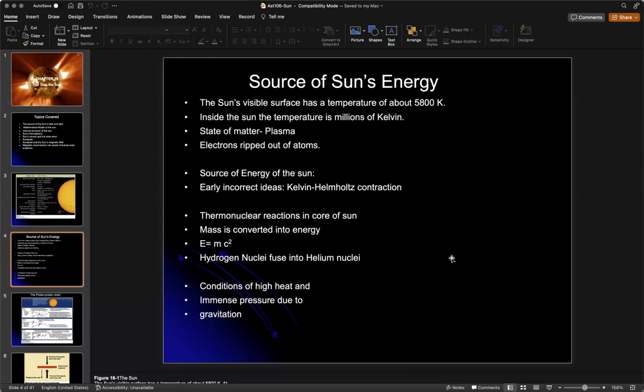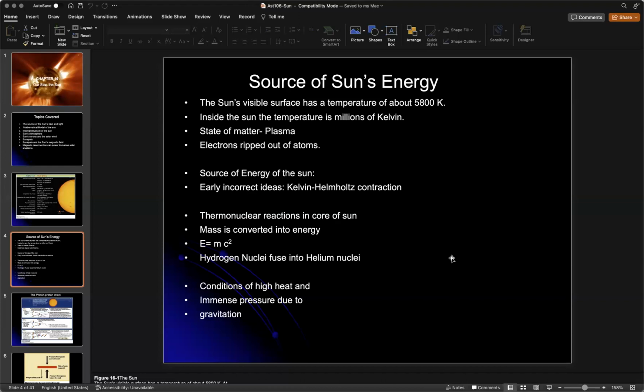There is a nuclear reaction in which 4 nuclei of hydrogen come together to form a helium nucleus. Some mass is lost in this process, and that mass is converted into energy.